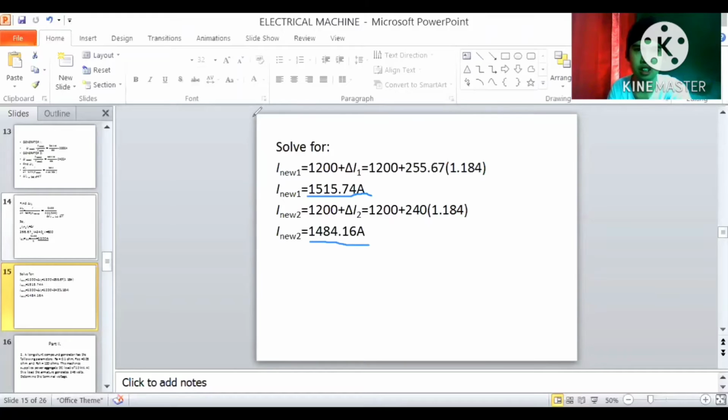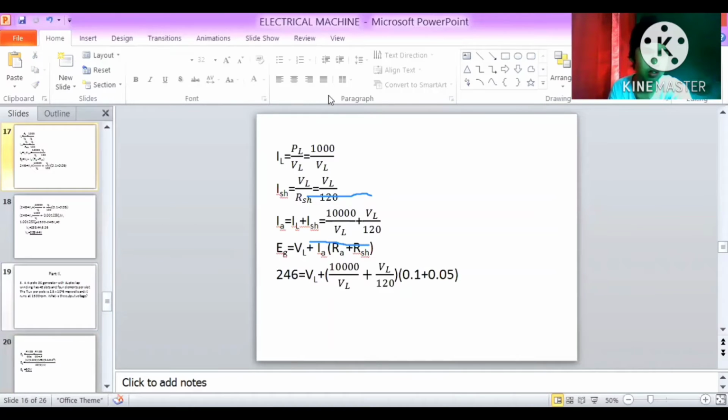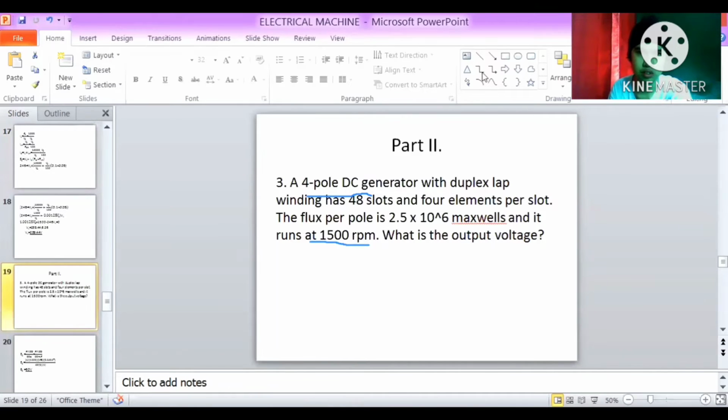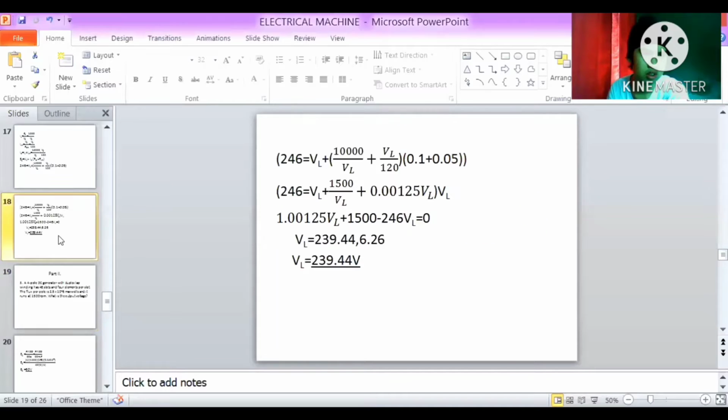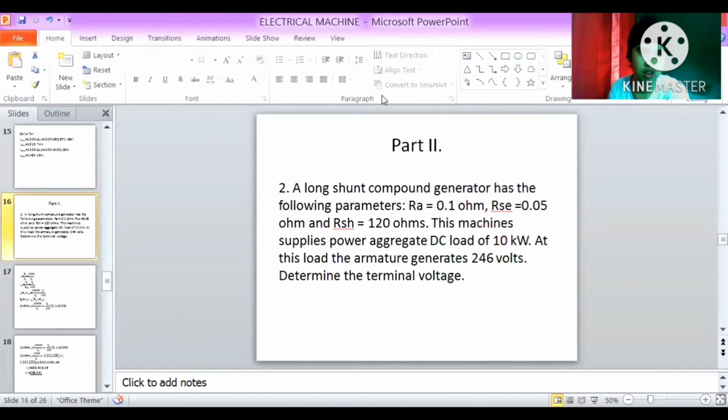Now to number 2. A long shunt compound generator has the following parameters: R is 0.1 ohms, R is 0.5 ohms, and R shunt equals 120 ohms.